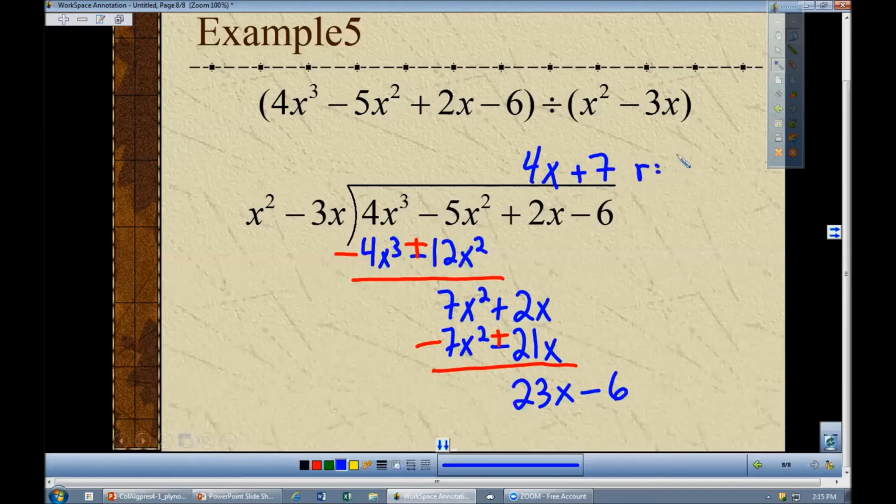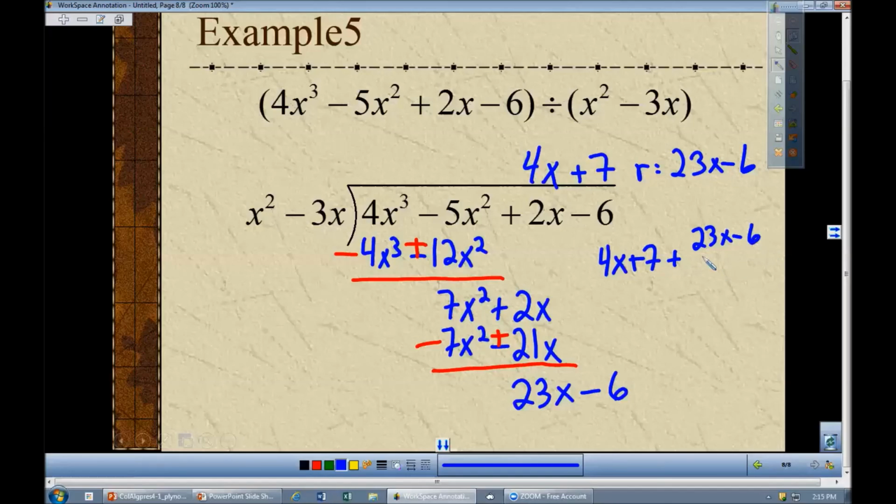My remainder is 23x minus 6. Another way I could write this quotient is 4x plus 7 plus, take my remainder, 23x minus 6, divided by the divisor, x squared minus 3x.